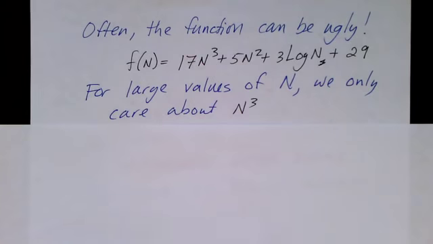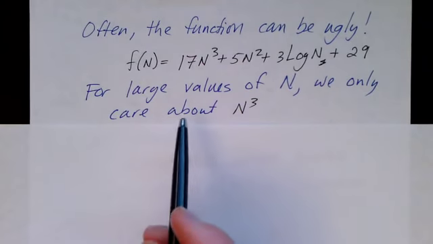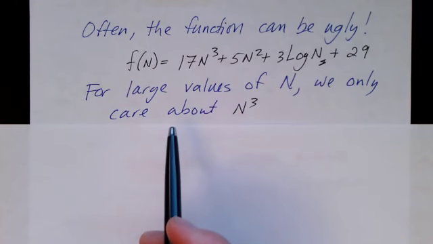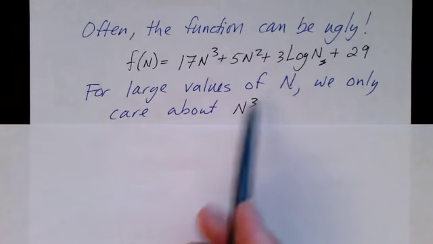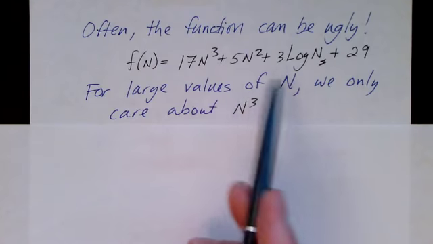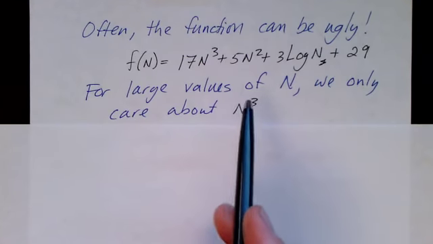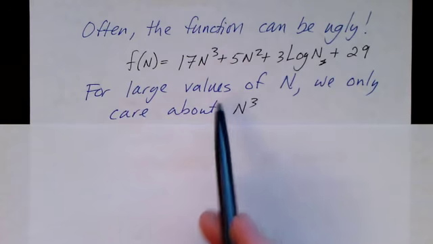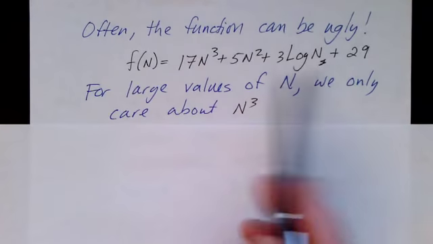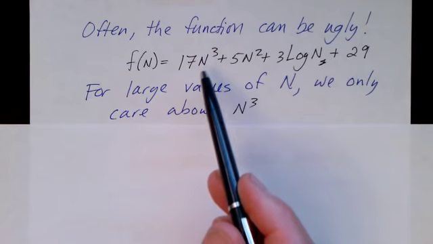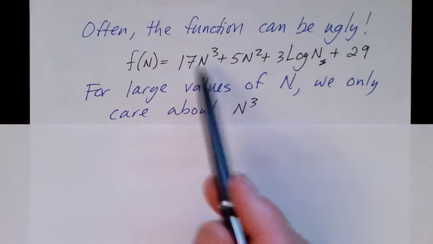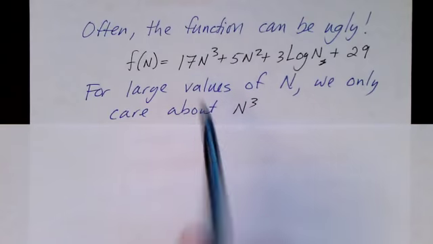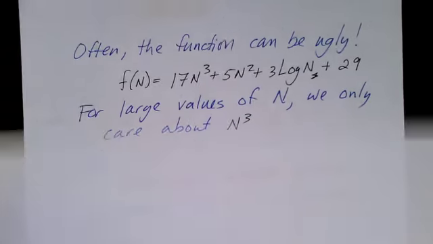And to do that, we really care about the running time for large inputs. So we care about large values of n, and we look at that function and ask, what does this function do when n gets really large? And the answer is many of the terms become irrelevant, and one term in this particular function, the 17n cubed term, begins to dominate at large values of n.